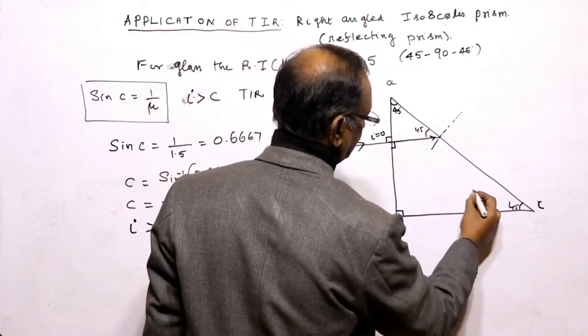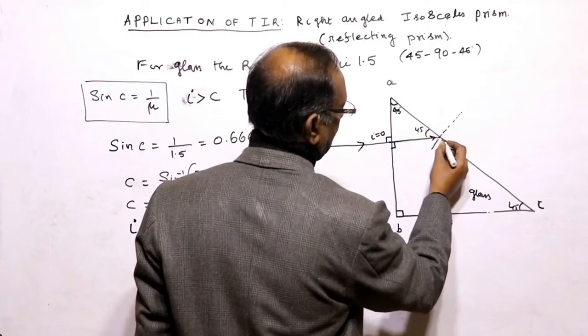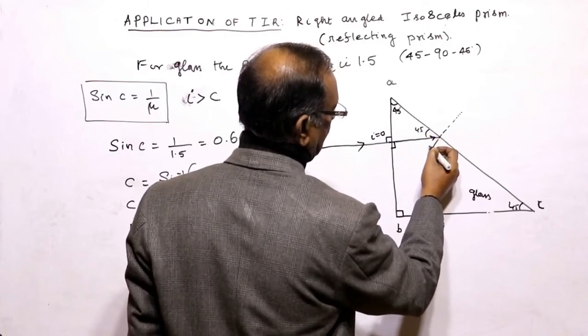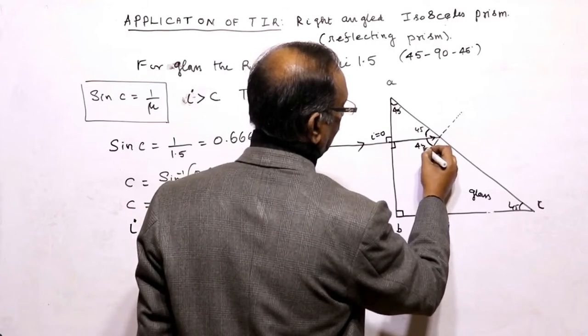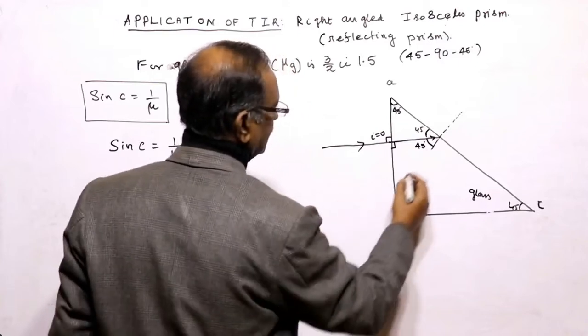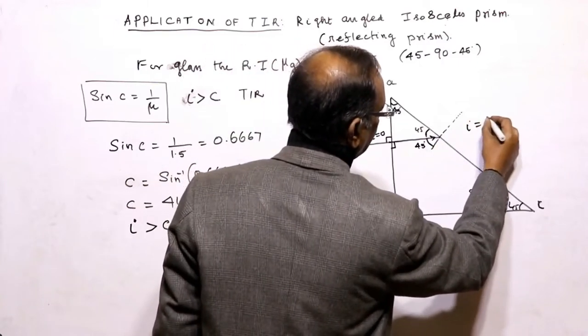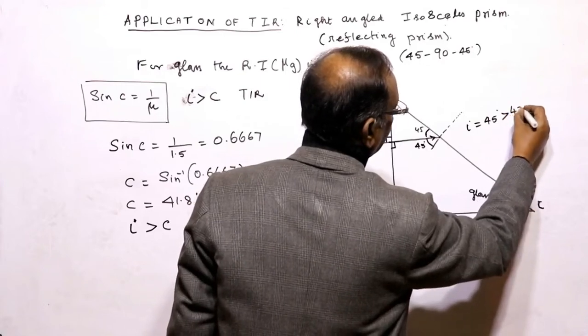So at this point we draw the normal. This is a glass prism, 45 degree, and the angle between this and this is equal to 90. If this is 45, this will be 45 degree. It means the angle of incidence at this face is 45 degree, which is greater than 42 degree.